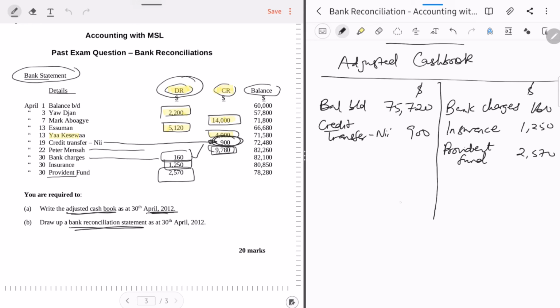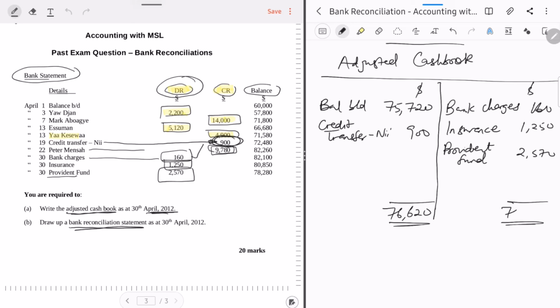Let's balance off the accounts. So the debit side is clearly the bigger side. So I add 75720 plus 900. That gives me 76,620.